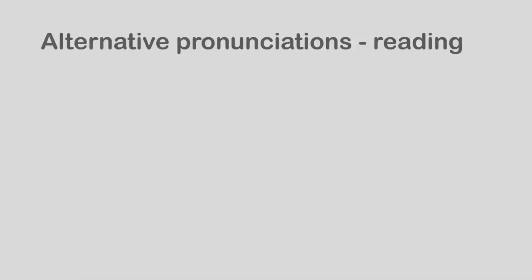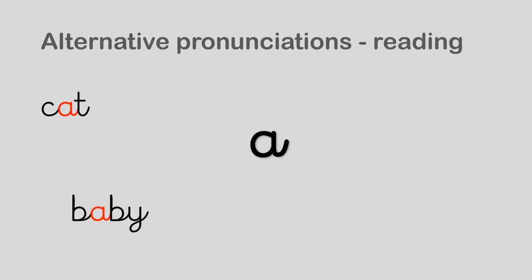So here's another example. The letter A. We already talked about how the letter A could be pronounced as an A, like in cat. We also talked about how it could be an A, like in apron.